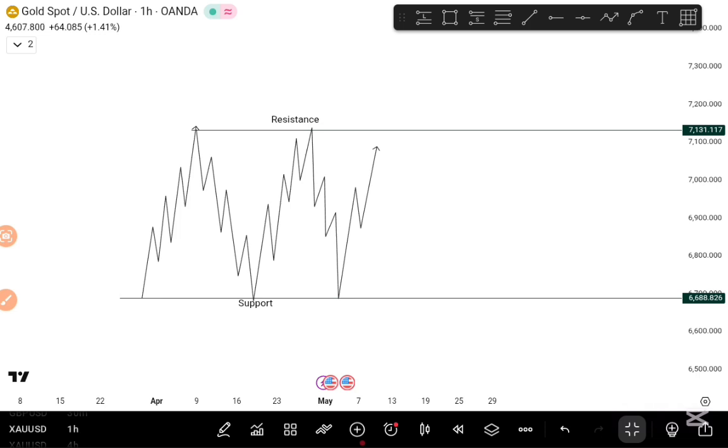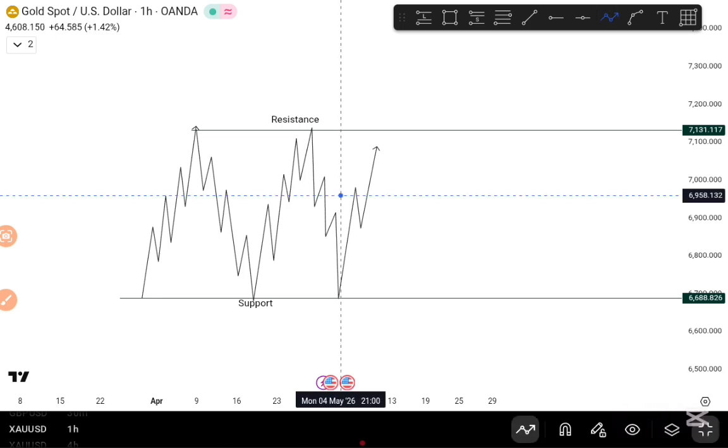So support and resistance are technical analysis whereby we mark out where we tend to see multiple rejections in the market. Support and resistance is also a strategy on its own.